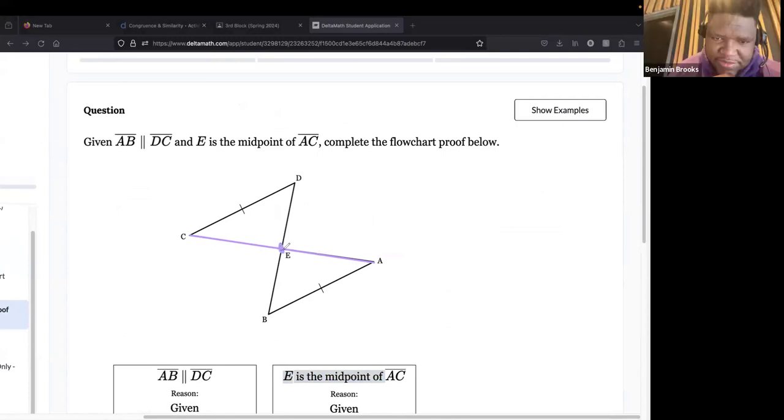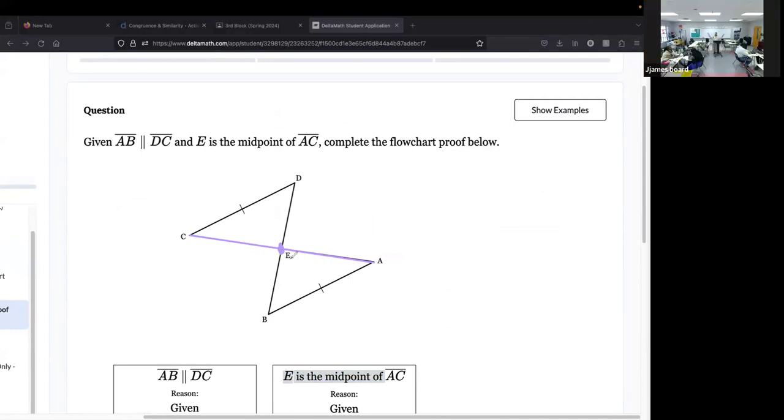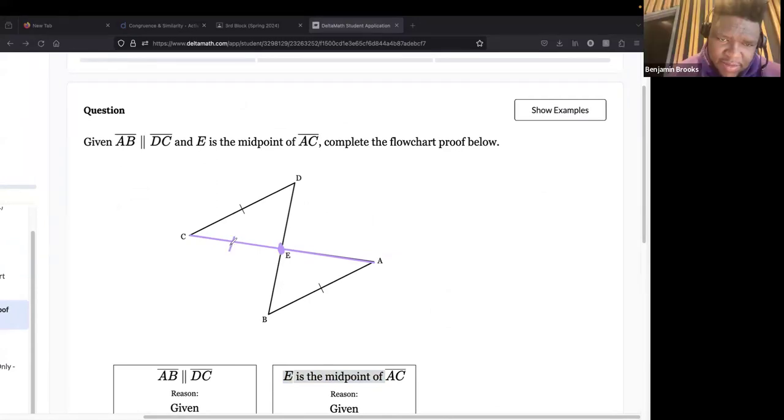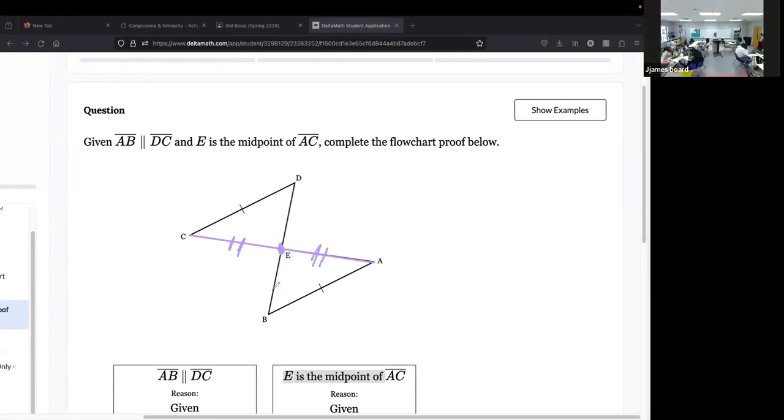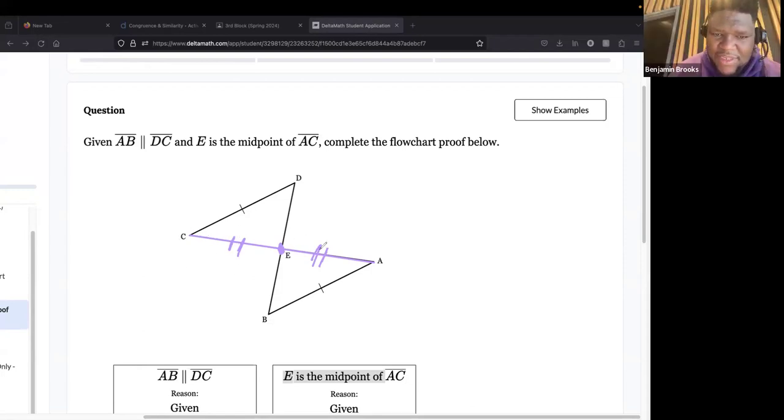It's not a trick question. You got the beginning, you got the end. So what is a midpoint? Okay, let's say in the middle. Right. So that means this side has to be the same as this side. Got to be, because if it's halfway, then you cut it in half.